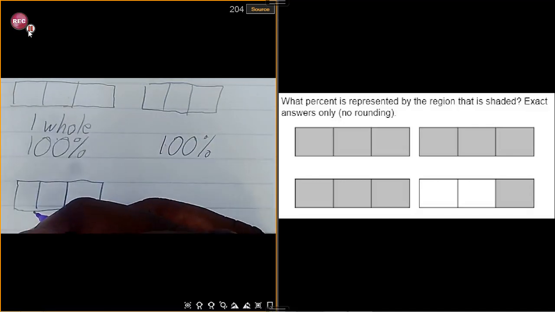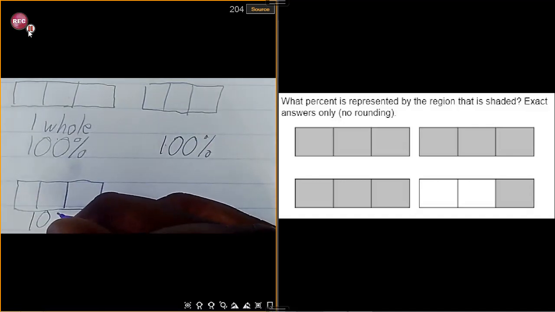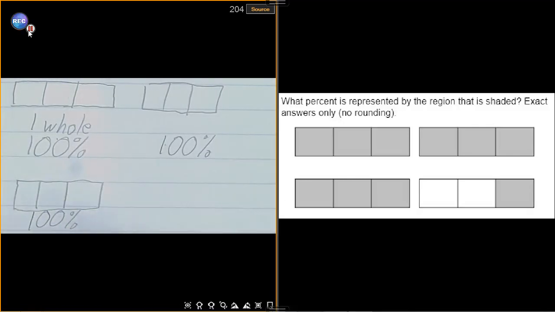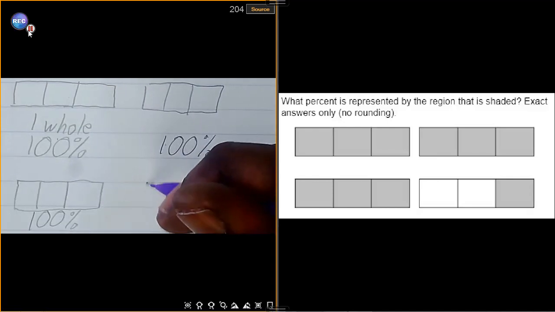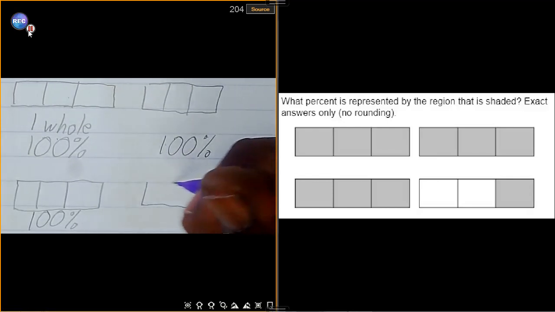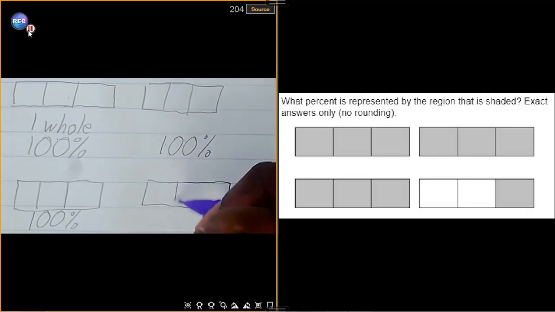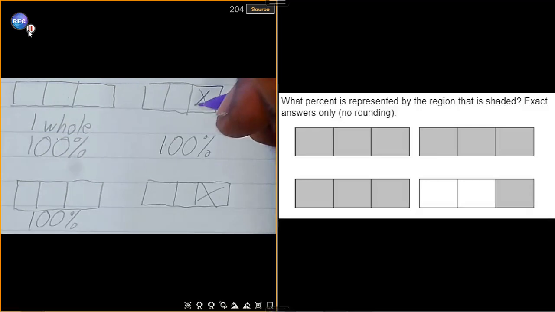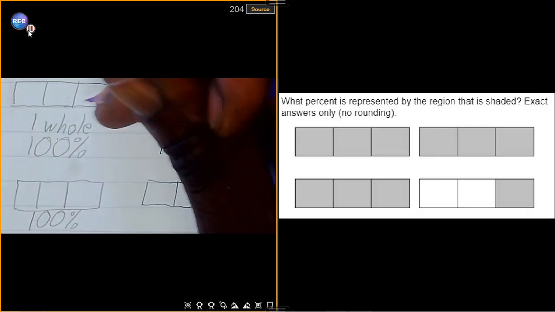And this one is likewise 100. But this one only has one part that is shaded. And I'm just going to represent my shaded part with an X. And I should have done that for all of these, so let me go back.